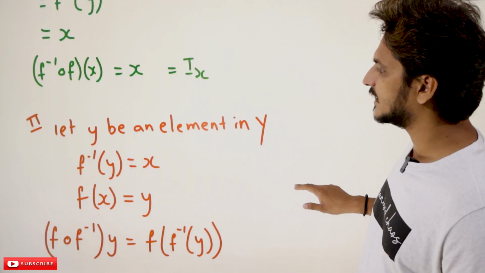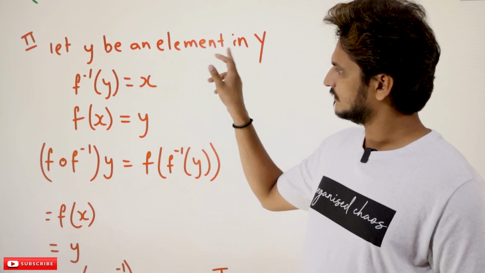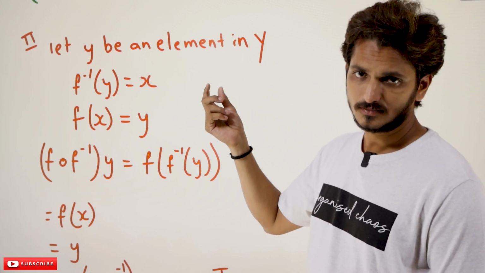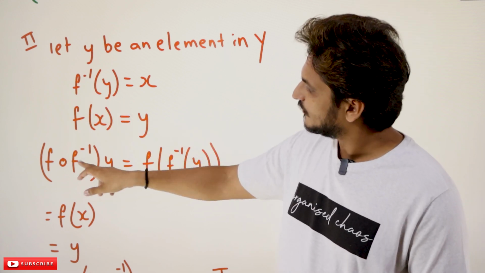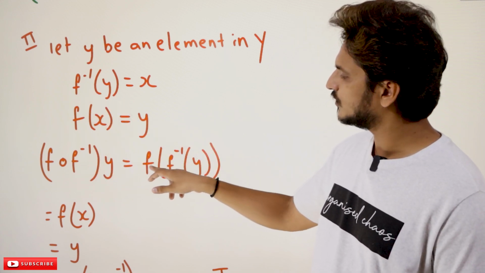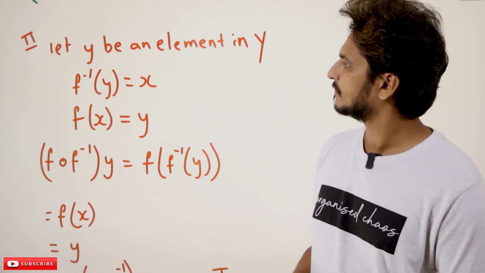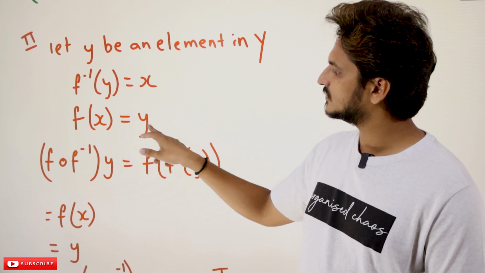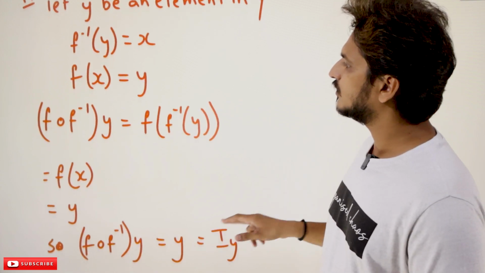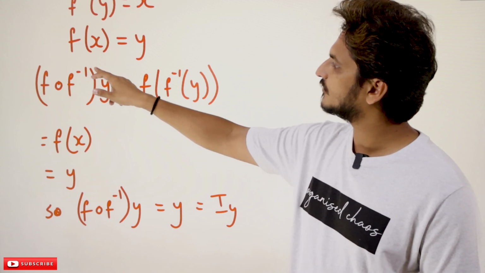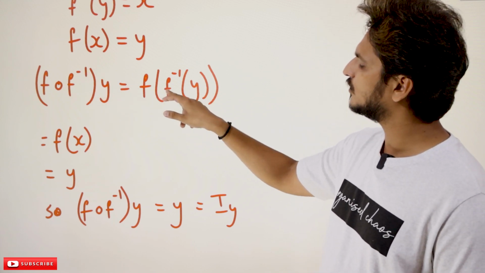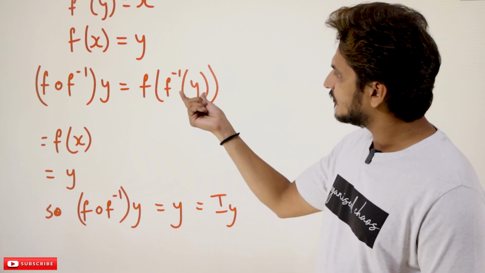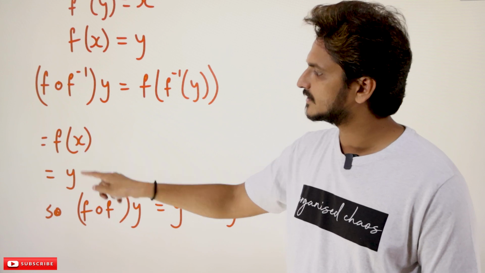Similarly, for the next one, same thing: let y be an element in Y, so we are starting from Y, because we need to show that f circle f inverse of y equals I_Y. So f inverse of y is equal to x. From this we can write f of x is equal to y. Now take the statement f circle f inverse of y, which can be written as f of f inverse of y. f inverse of y we can write as x.